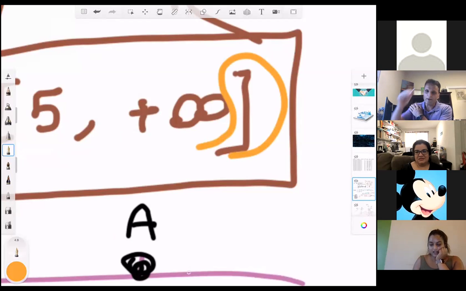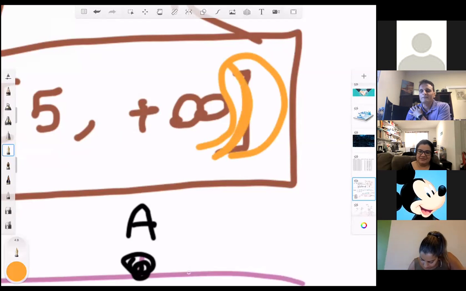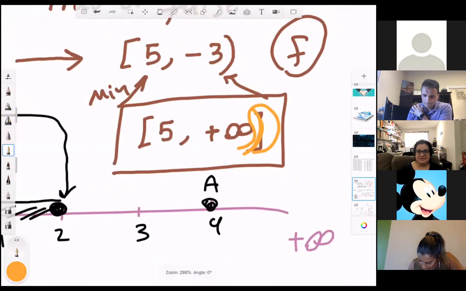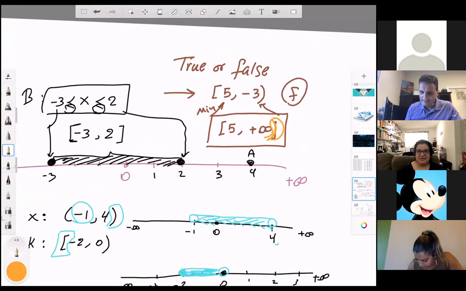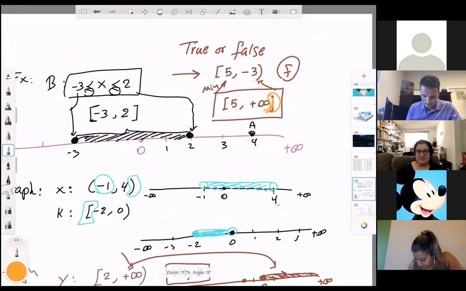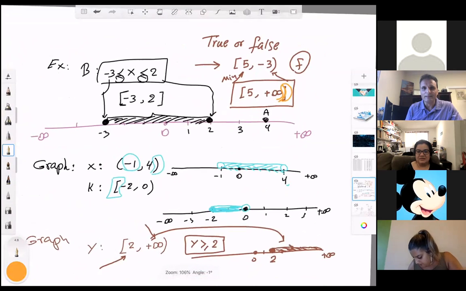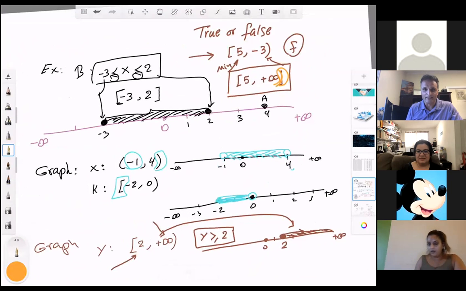So it has to be a parenthesis. We cannot include infinity because we have no idea if it's like an ocean or what's happening there. So in interval notation, we cannot include negative and positive infinity. We always use parentheses.